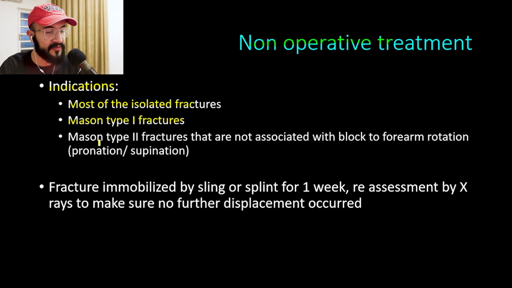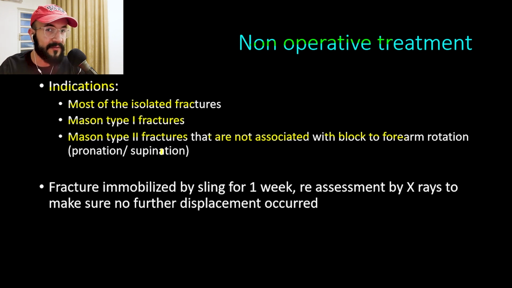Indications also include the Mason type 2 fractures that are not associated with a block to forearm rotation, meaning non-operative treatment is indicated for all the fractures that are not associated with blocking to forearm rotation.